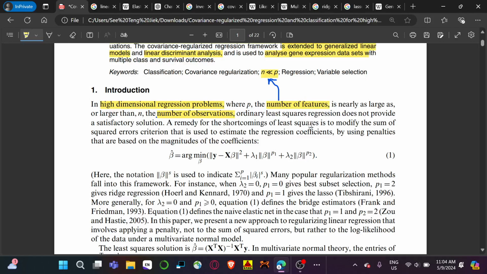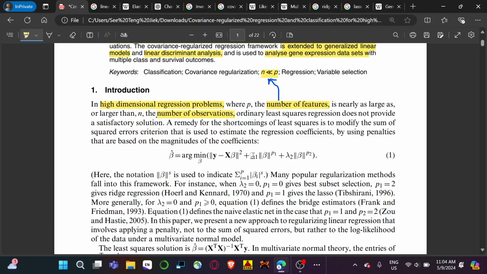They talk about how ordinary least squares regression does not provide a satisfactory solution. A remedy for least squares is to modify the sum of squares criterion that is used to estimate the regression coefficients, by using penalties that are based on the magnitudes of the coefficients.